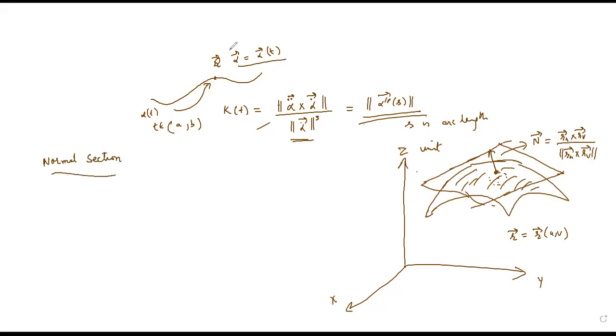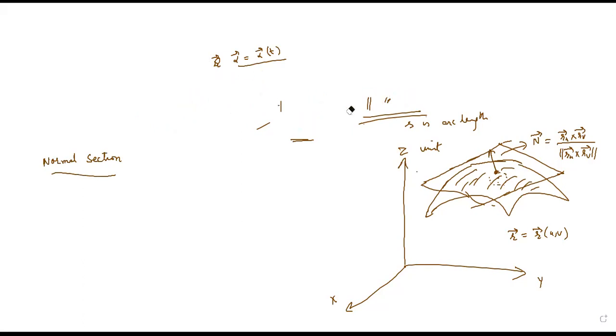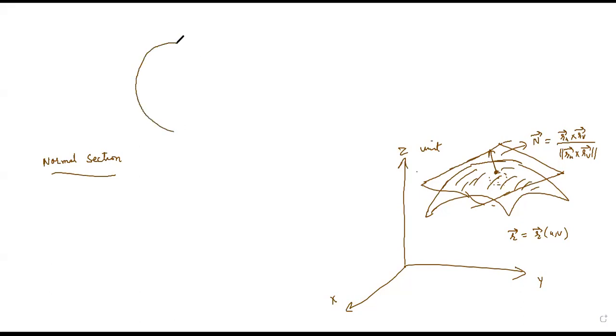Now what I mean by that, let me just take an example. Suppose my surface is a sphere. I usually draw it like this. The dotted line means it is a 3-dimensional picture.